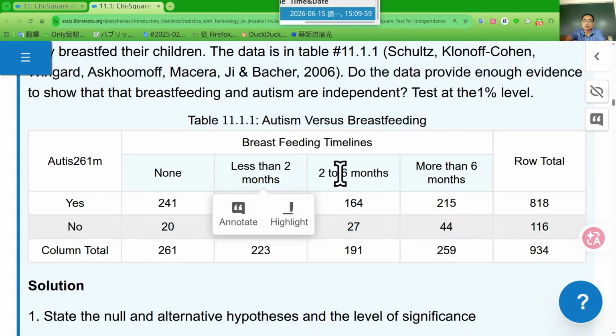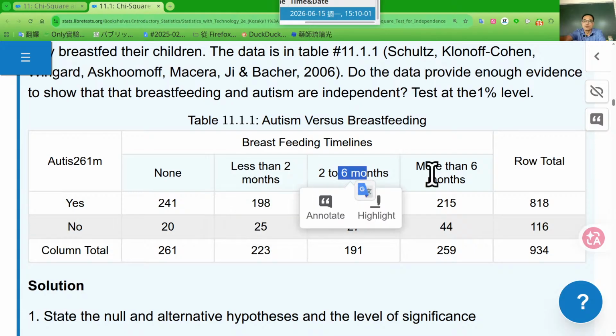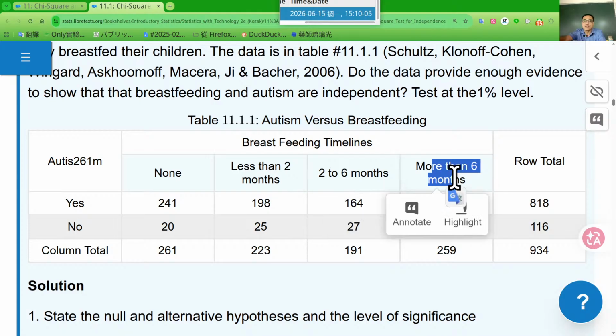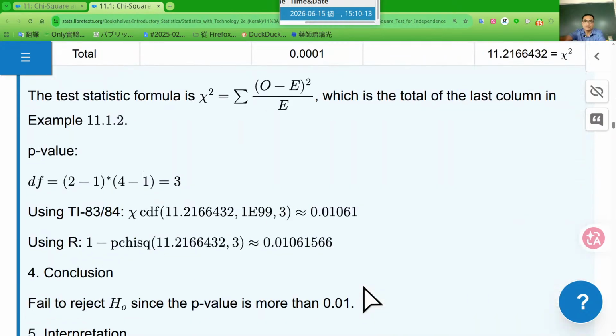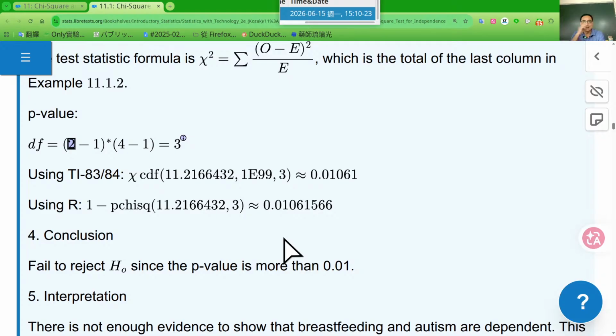Third one, 2 through 6 months. The number 4, more than 6 months. Thus, the degree of freedom here, 4 minus 1. Here, 2 minus 1, 4 minus 1. Degree of freedom, 2 minus 1 times 4 minus 1. That is 3. Then run the test and get the chi-square value.